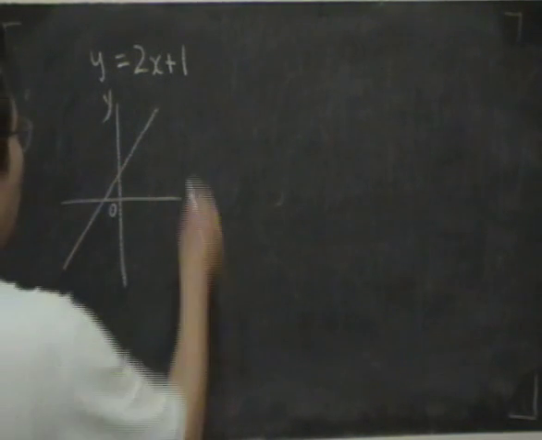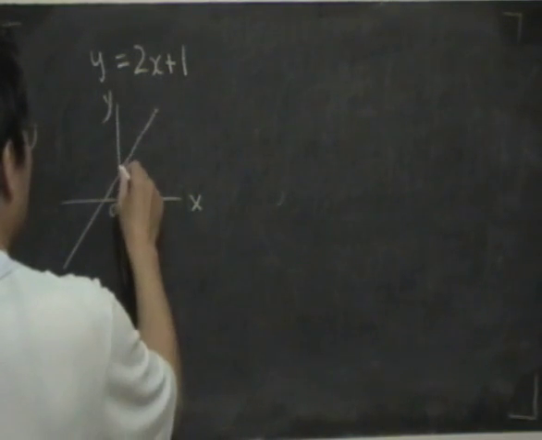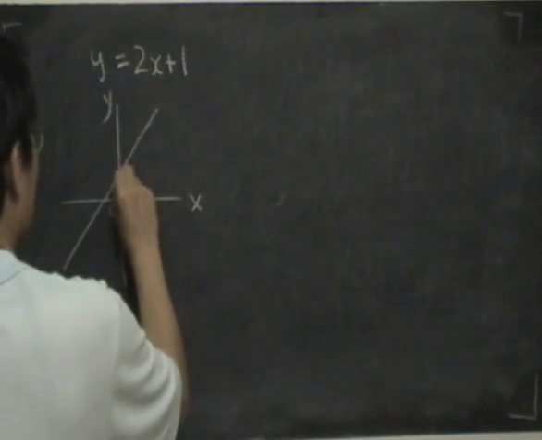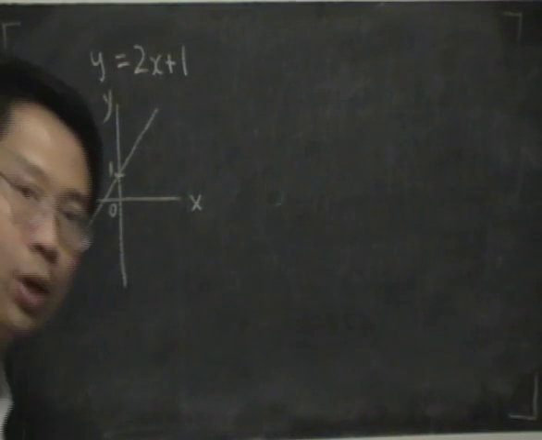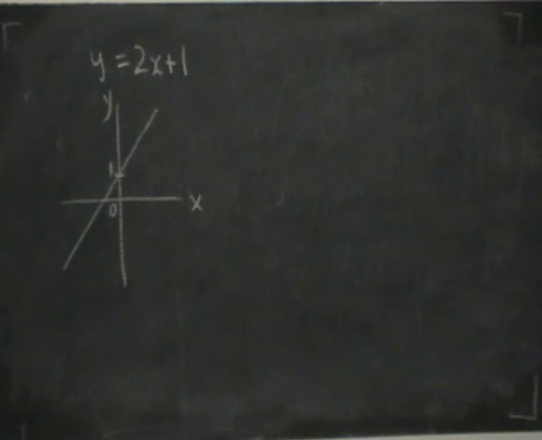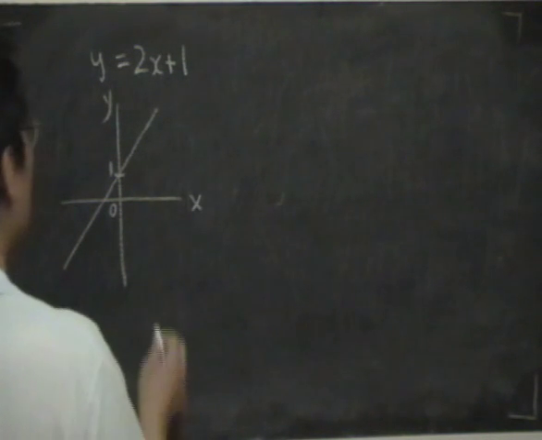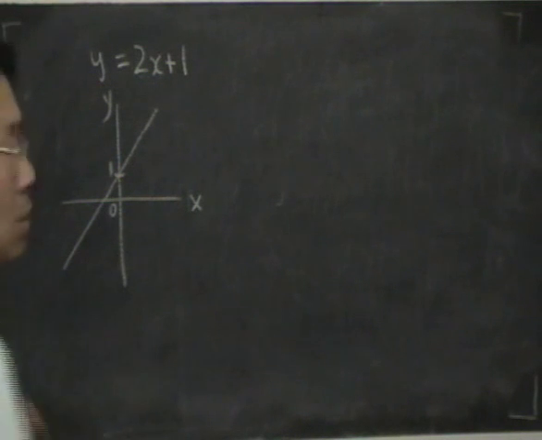And because of the 1 there, we know that the graph cuts the y-axis at 1, that's the y-intercept. And we also know that the gradient is 2.